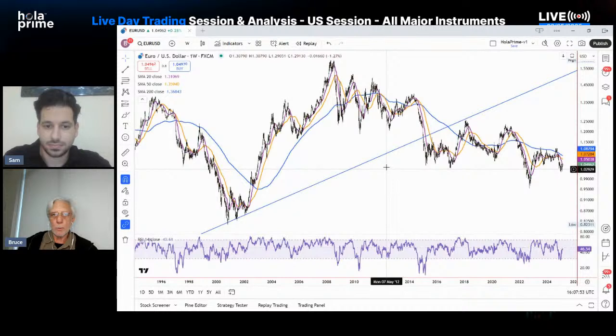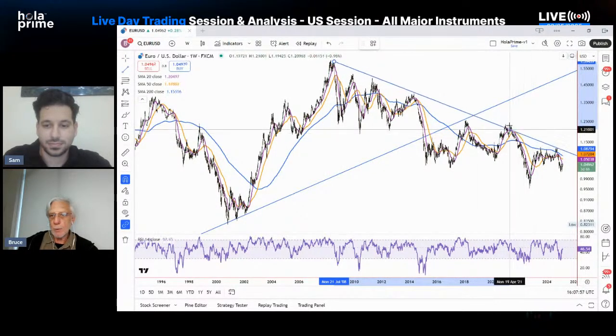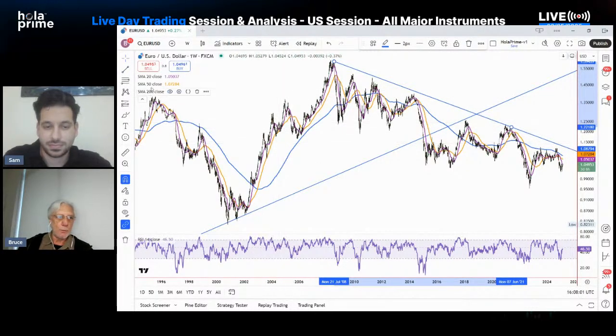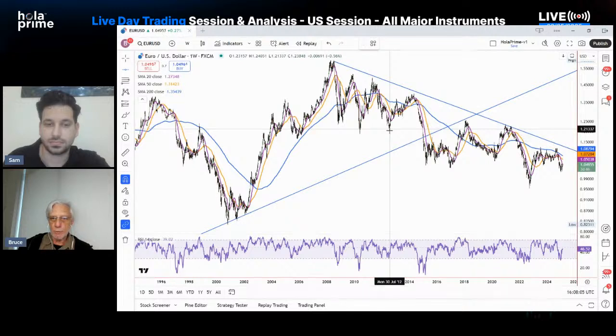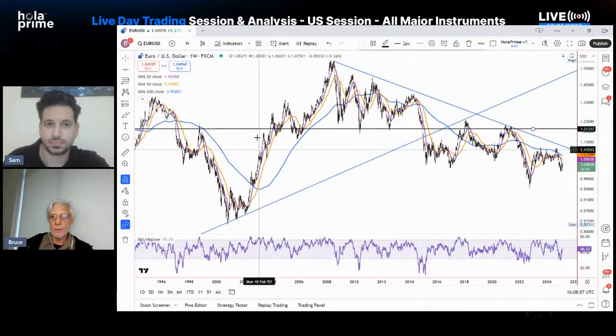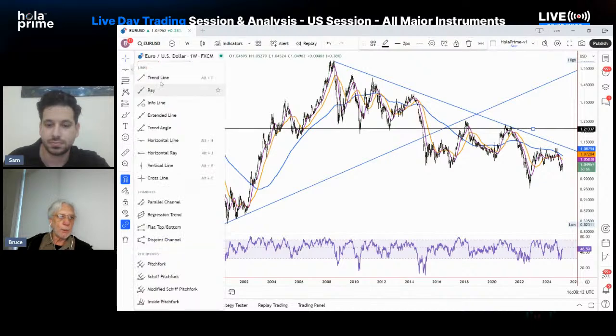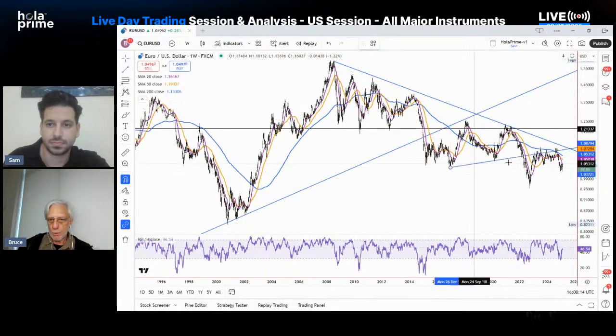What I'm doing is looking for what the market is saying. How is it communicating about what it has been doing and what it might do next? So I'm just drawing some lines for key price levels to get a better idea of the structure of the pattern that has been occurring over the course of a number of years.